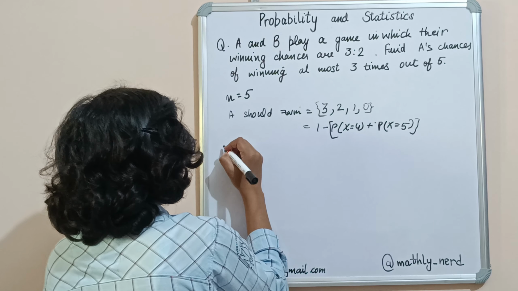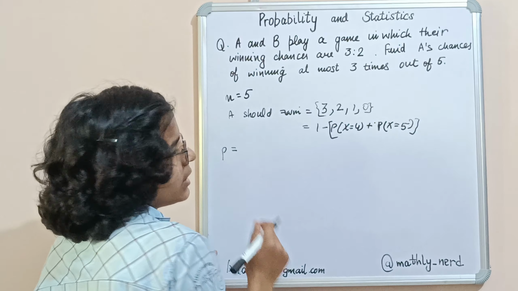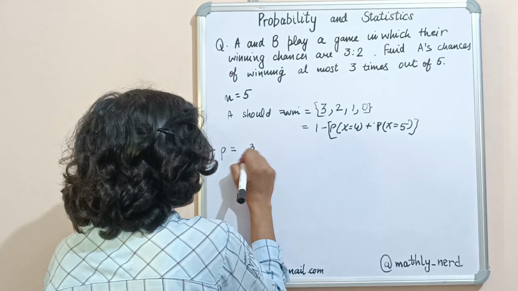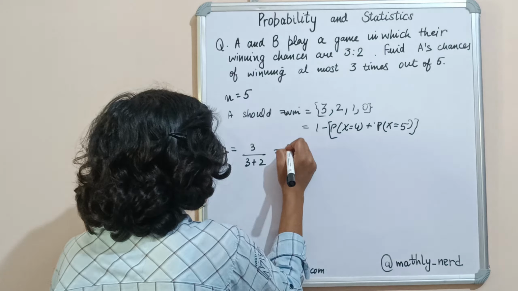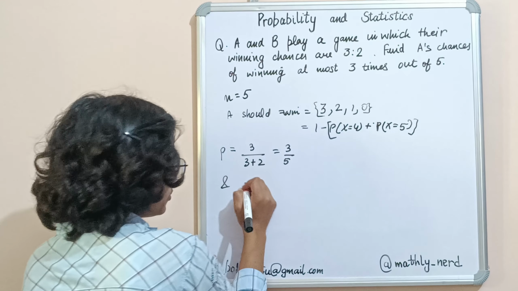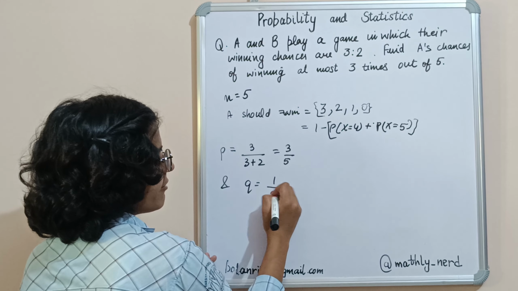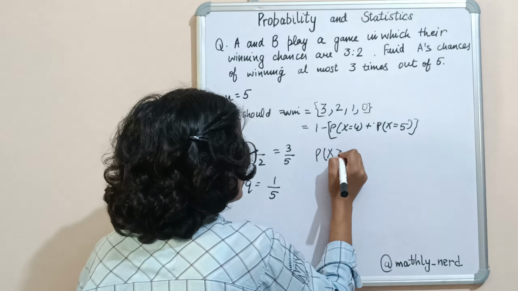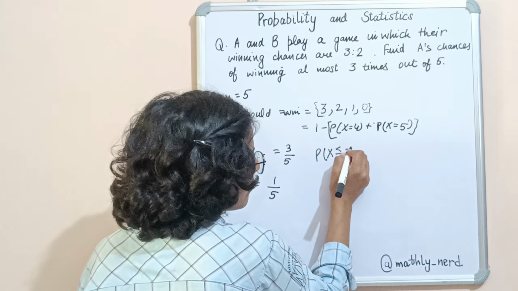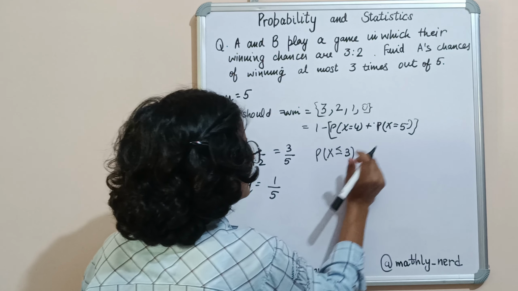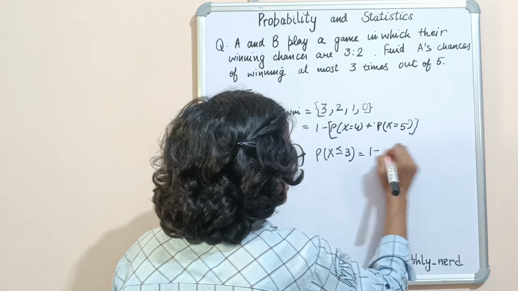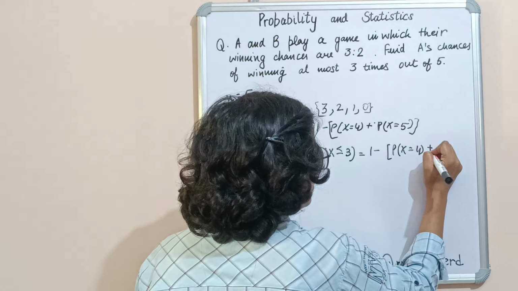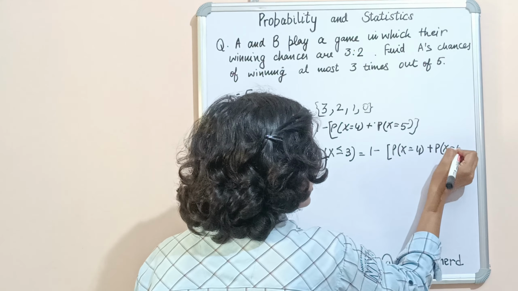Now, probability of success, that A should win, is 3 upon 3 plus 2, that is 3 by 5, and q equals 2 by 5. So, probability of A winning at most 3 times equals 1 minus probability of x equals 4 or probability of x equals 5.